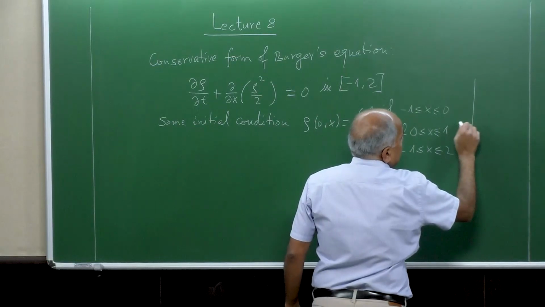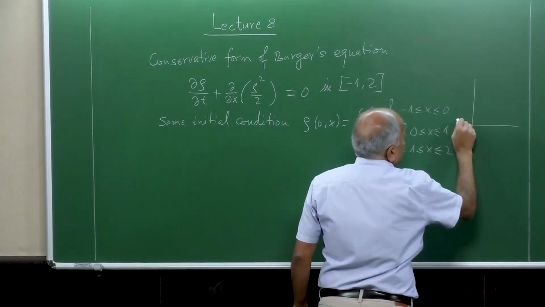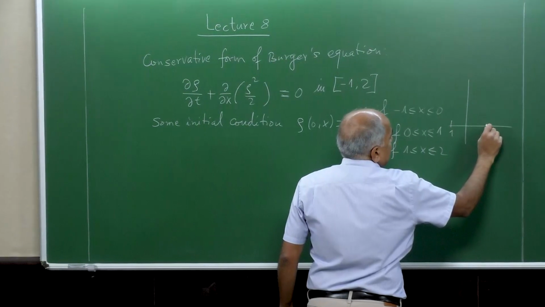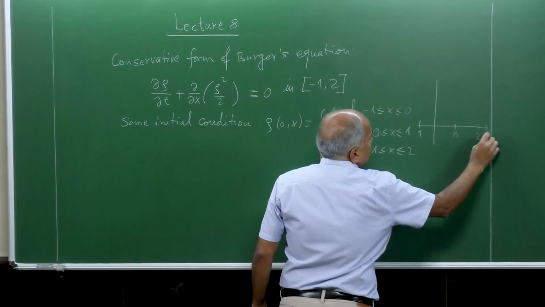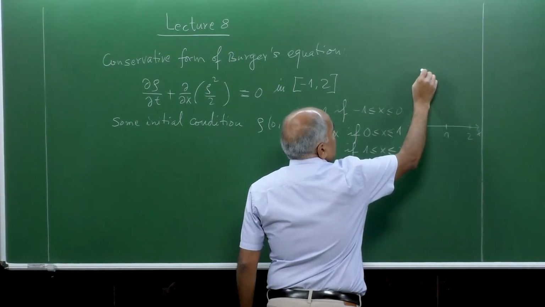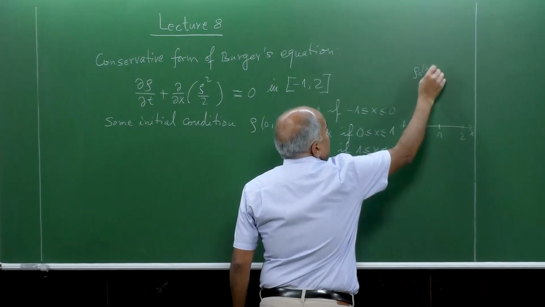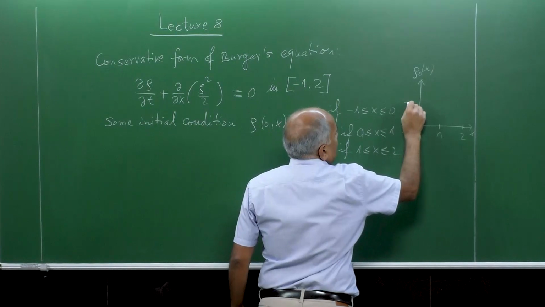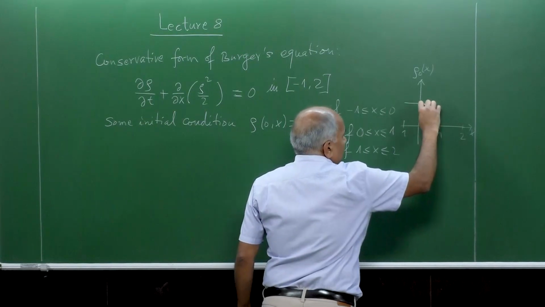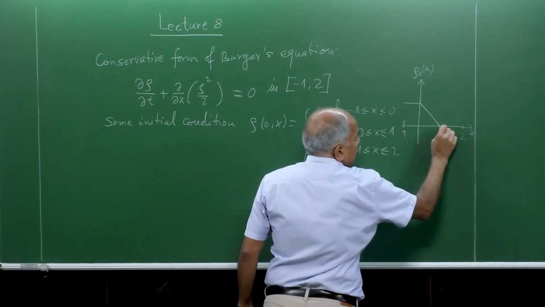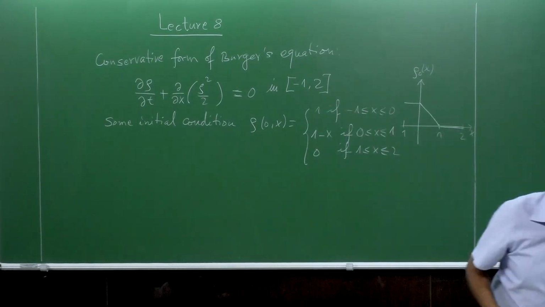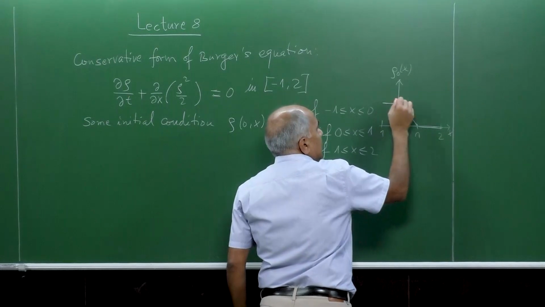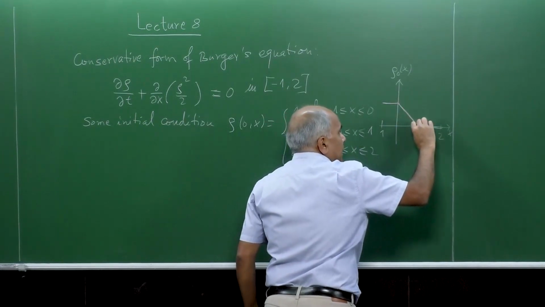Again here, this is 1, this is 1, this is 2, this is our x direction, this is our rho 0 of x. So this is 1 here, up to here, 1 minus x, and 0. So this is our initial value.